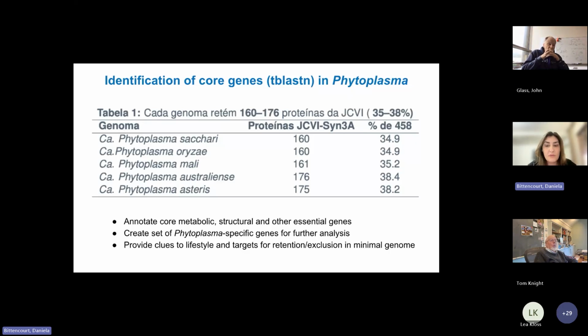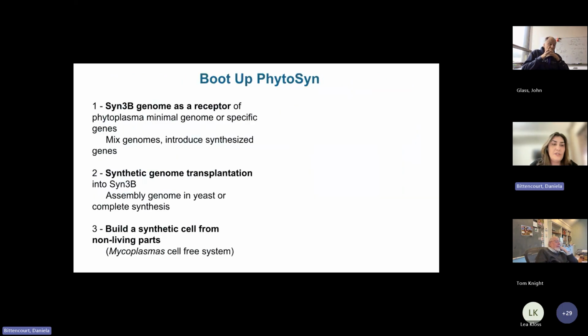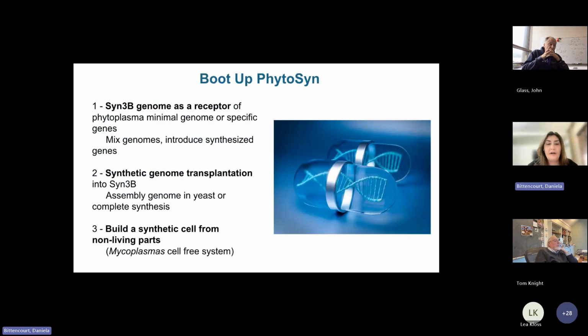And once we have our genome built, we will pass to the next step, which would be to boot up our phytosyn. So booting up the phytosyn can follow three possible strategies. First, which is the one that I already mentioned, is to use the JCVI-SYN3B genome as a receptor for phytoplasma minimal genomes or specific genes, mixing and introducing synthetic DNA with specific traits.